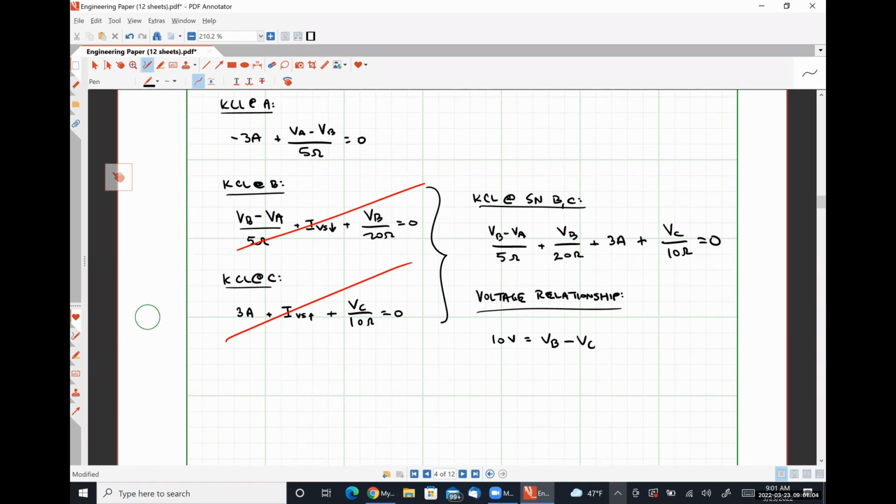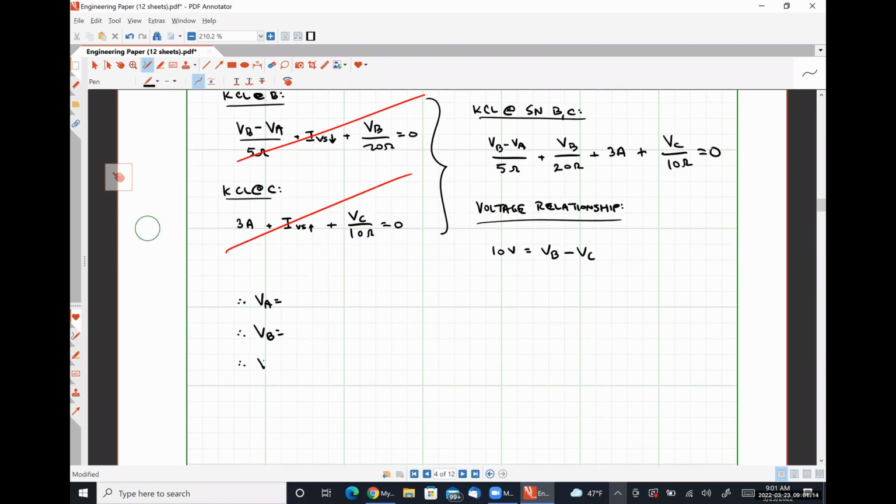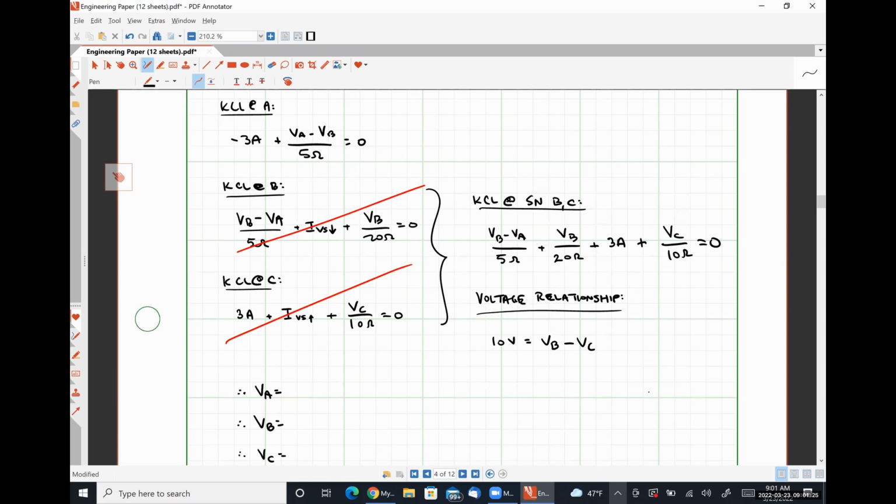All right. So just for completeness' sake, let's go ahead and do that. So let's see, on our first equation, we have a coefficient of 1/5 VA, the coefficient of -1/5 for VB, no VC, and our constant term is +3.